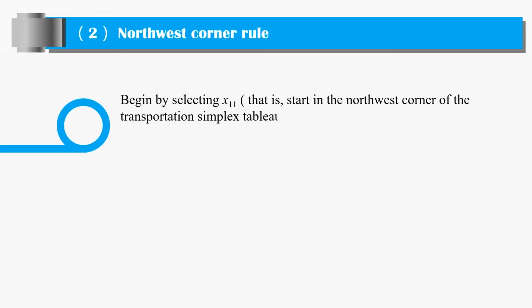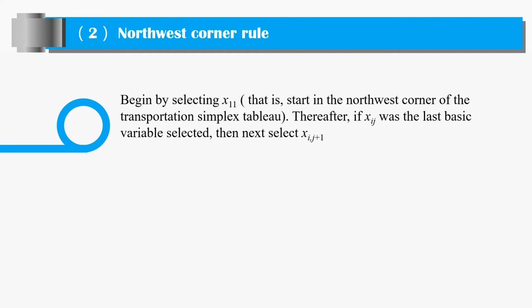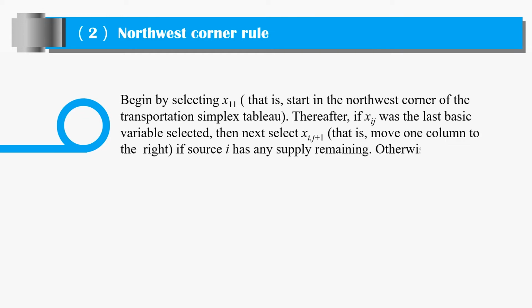Now let's go to the second method, the northwest corner rule. Begin by selecting x11, that is, starting in the northwest corner of the transportation simplex tableau.